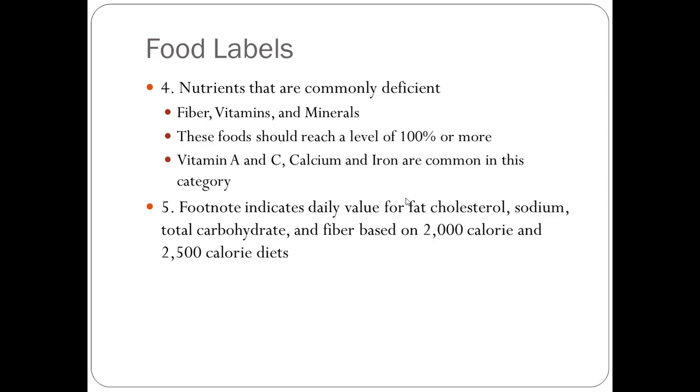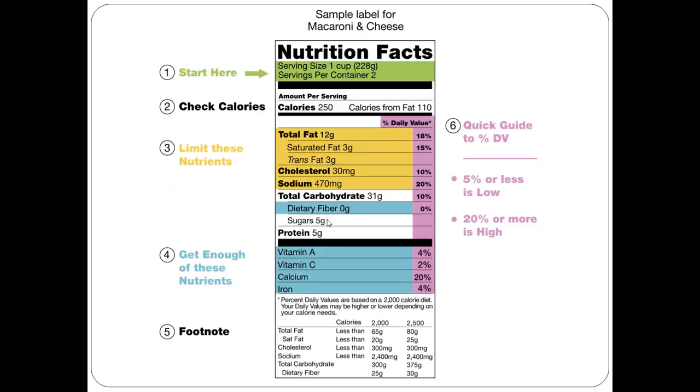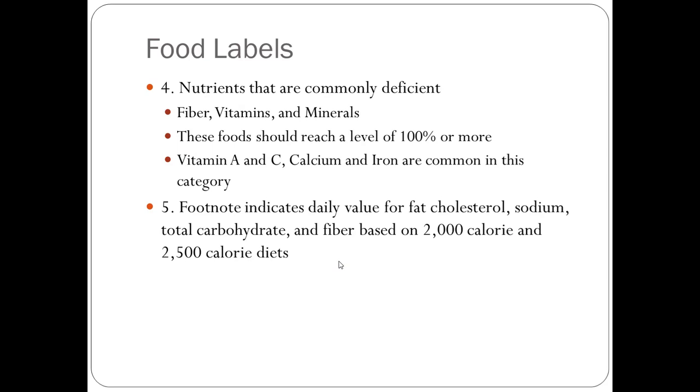Number 4, list nutrients that are commonly deficient, their fibers, their vitamins, minerals. Right down here, these bottom ones, it's vitamin A, vitamin C, calcium, iron, depending on what the food is. I'll add that up. They should reach 100% throughout the day.